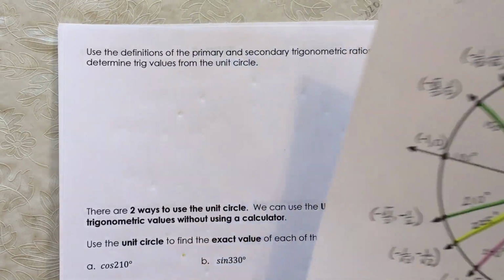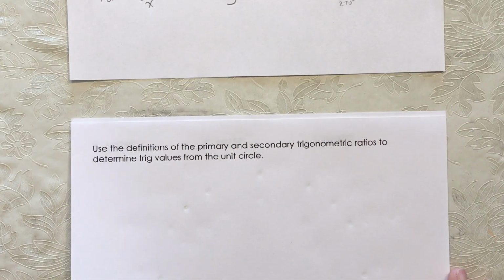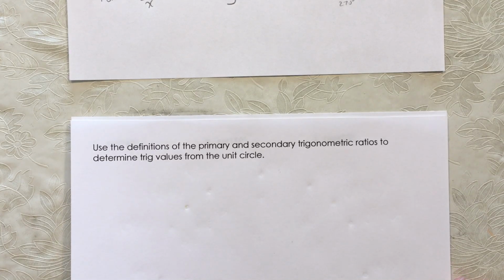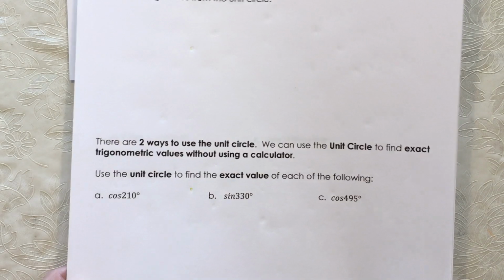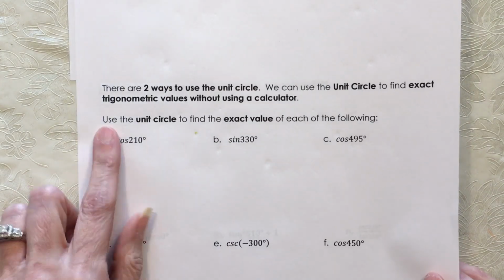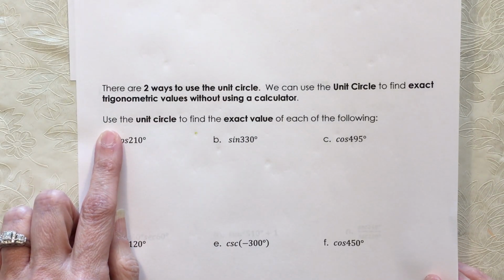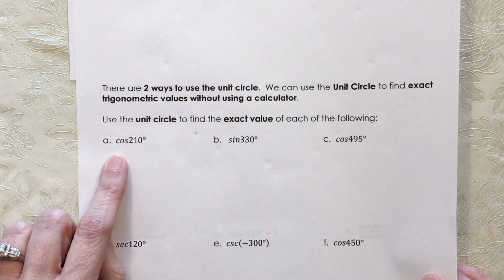All right, so we're going to keep your unit circle handy and we're going to try these. Use the definitions of primary and secondary trig ratios to determine trig values from the unit circle. Use the unit circle to find the exact value of each of the following.